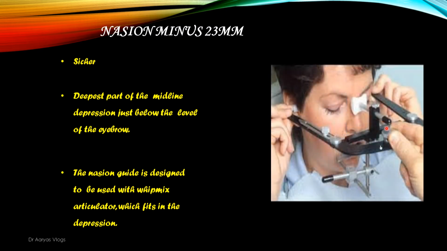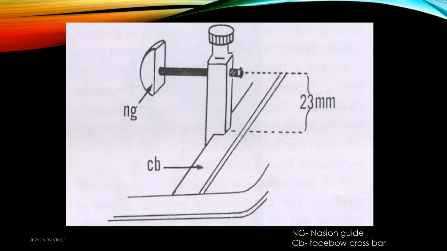Here it is the Whip-mix articulator and here nasion gate is designed to be used with this type of articulator. Here it is nasion relator, and this one is the nasion gate and here it is the Facebow crossbar. This is 23 mm. So nasion minus 23 mm is another reference point. Nasion and nasion minus 23 mm are both anterior reference points.